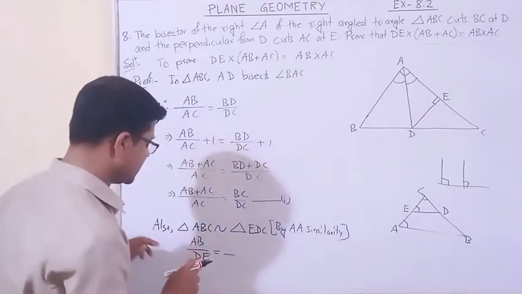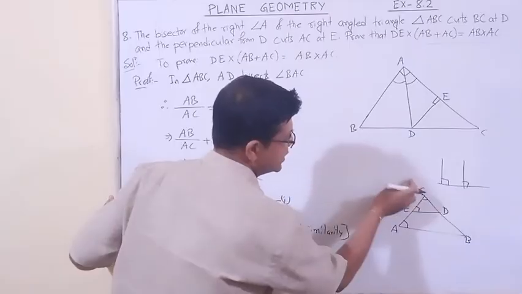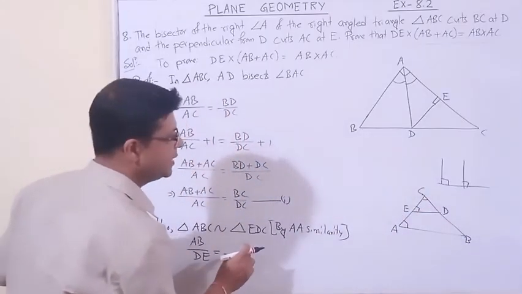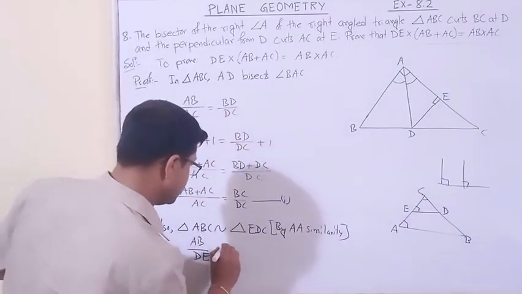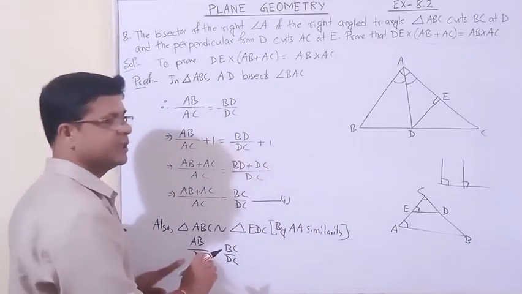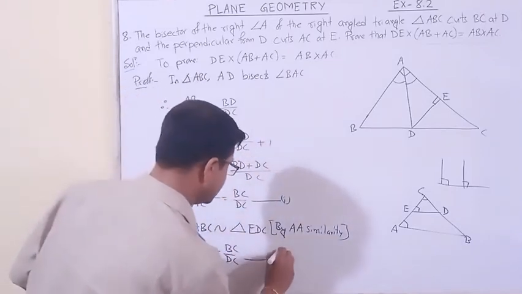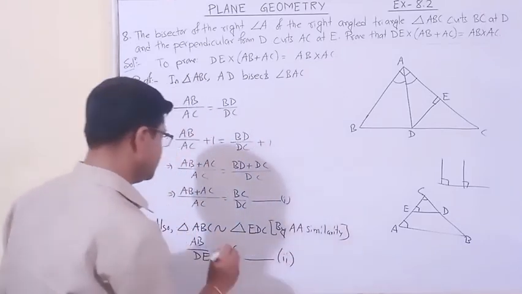Corresponding sides of the equal angles are proportional. So we have written AB by DE, then this side by this side, BC by DC. I hope you understood this. This is in general mathematics also you got this. So I am not going deeper into this. This is equation 2.